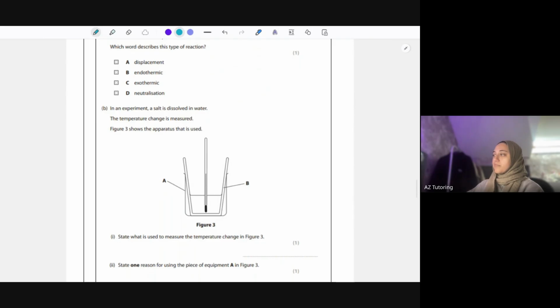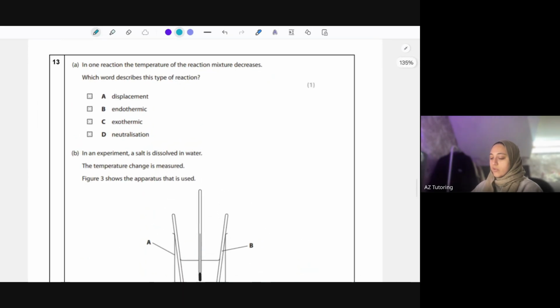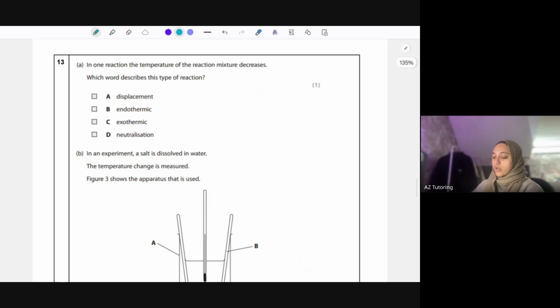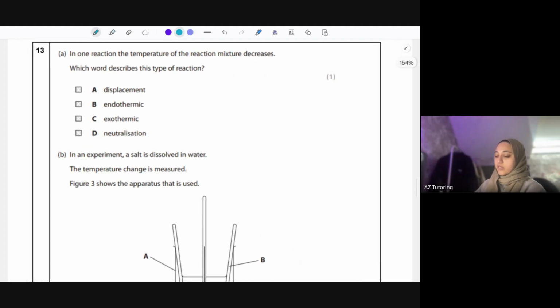Okay, question 13. In one reaction, the temperature of a reaction mixture decreases. Which word describes this type of reaction? Now, this is where people get confused as well. We're talking about exothermic and endothermic reactions here. When we're talking about reactions, let's say this is the system and this is the surroundings.